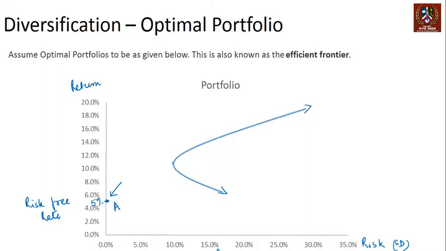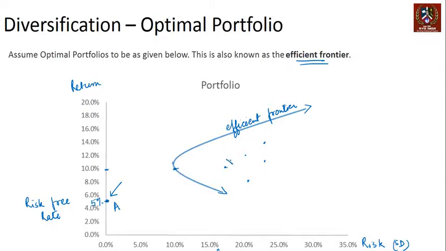Also note that this is known as the efficient frontier. So this entire line here is what is known as the efficient frontier, because as discussed earlier, there is no point holding a portfolio or a combination of stocks somewhere here. That's because for every given return, for example, if this is the return we are looking at, which is, let's say, 10%, for the same 10% return, there is another portfolio.